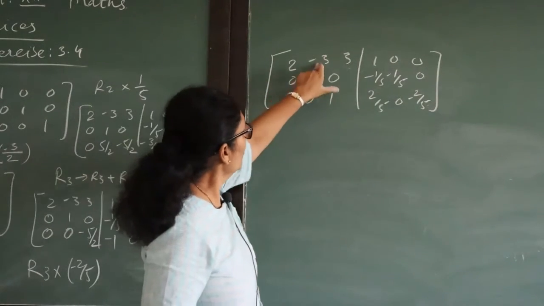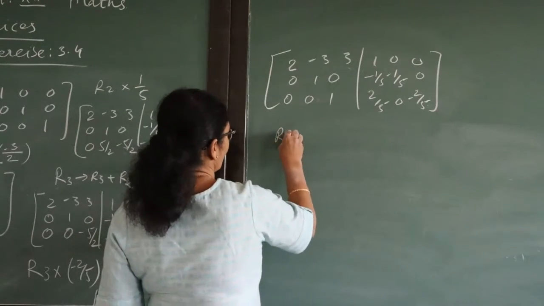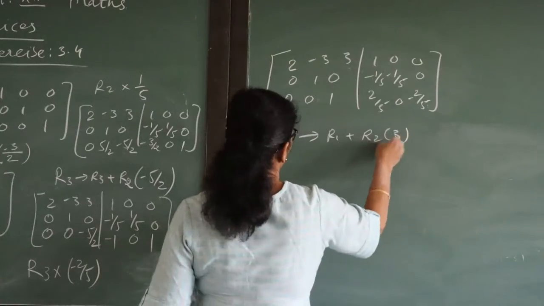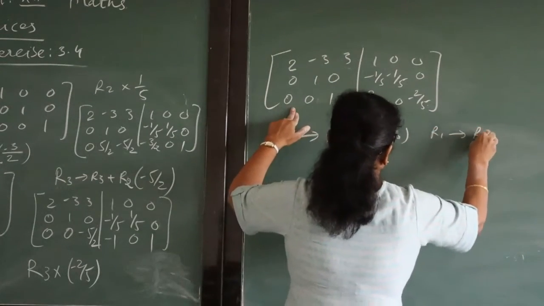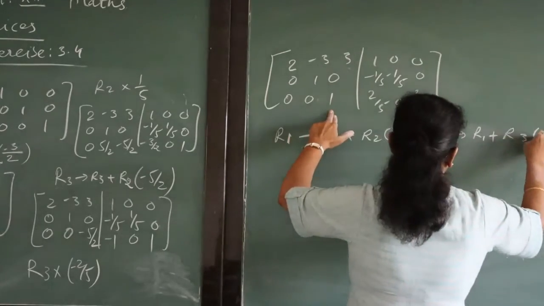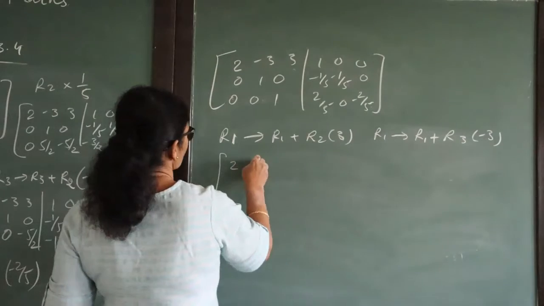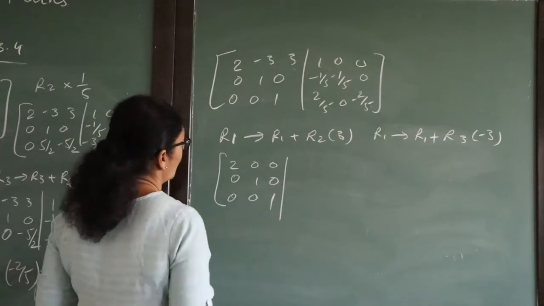Now, we have to remove only this 2 3. So, second row when you multiplied second row with 3 and added in 1. Similar thing when you multiply third row with minus 3 and added in. So, you get 2 0 0, 0 1 0 and 0 0 1.